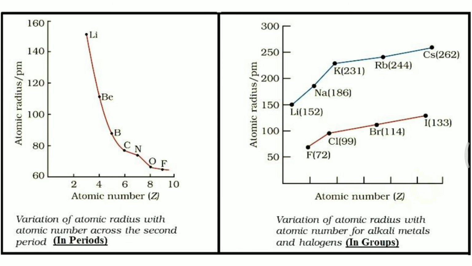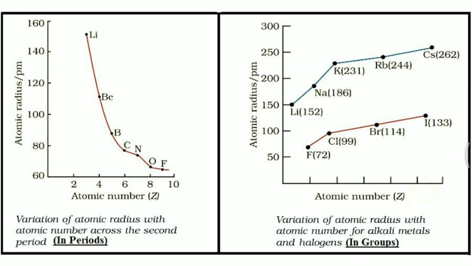On the right-hand side, the graph shows the variation of atomic radius with atomic number for alkali metals and halogens. You can see the increasing trend, because when you go from top to bottom within the same group, the atomic radius will increase.